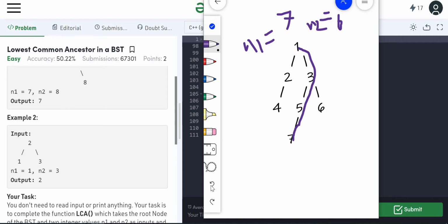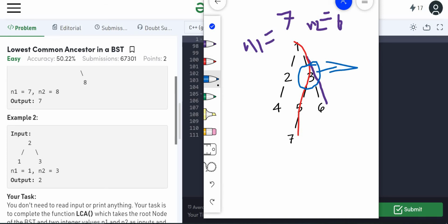And if you start traversing from 6, this will be your path: 6 to 3 then 1. So the common element will be 3, and here the lowest common ancestor will be 3. So you simply output this integer 3.